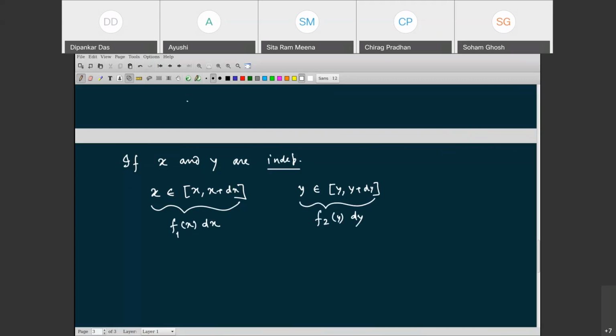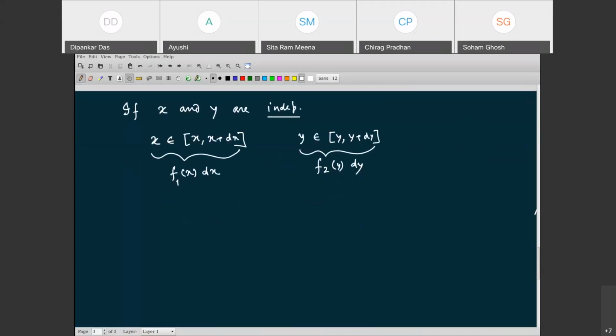Then for them to be simultaneously within x to x plus dx and y to y plus dy, the probability will be f1(x) times f2(y) dx dy, and you identify this as the combined distribution of x and y.